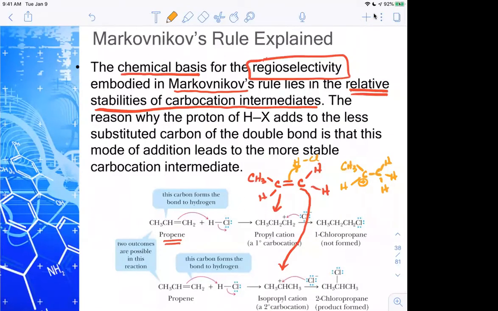Notice I have two carbon groups attached, so this is a secondary carbocation.